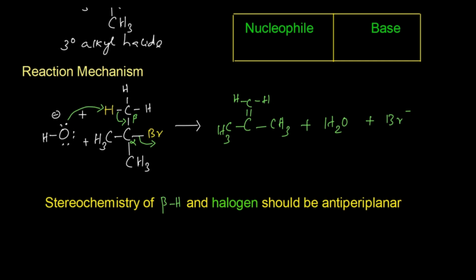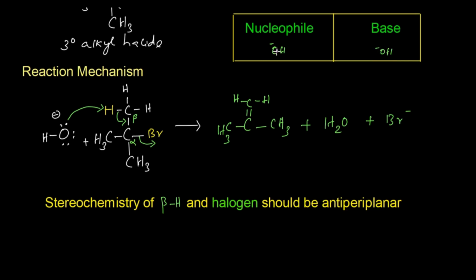You see here, because this carbon is sterically hindered, the nucleophile cannot attack the halogen-connected carbon. Instead, the nucleophile attacks this proton, and this forms this kind of elimination product. There are two things we should remember. Here this is the nucleophile and this is the base. Chemically, the OH here has a minus charge and so does this.